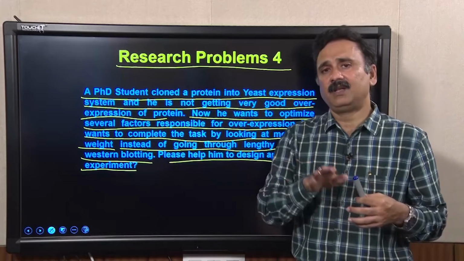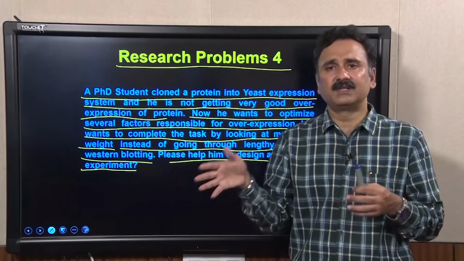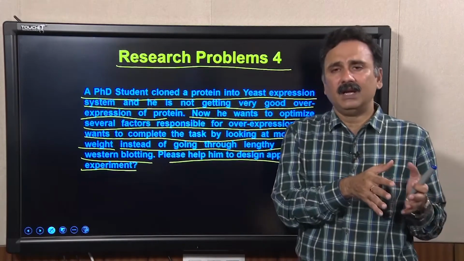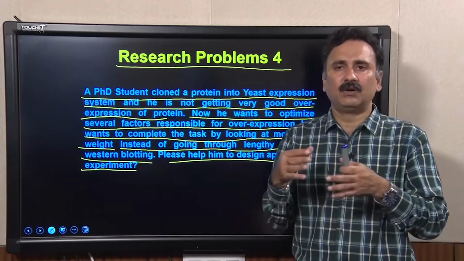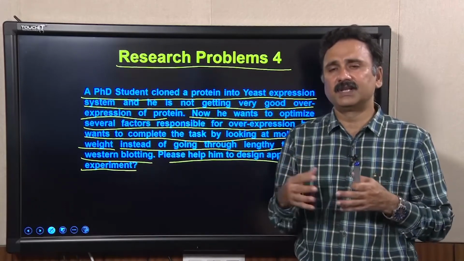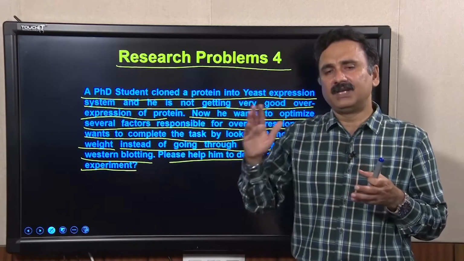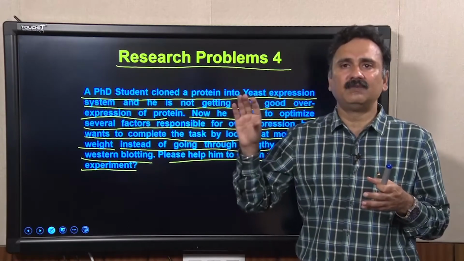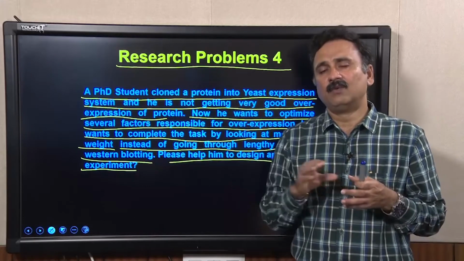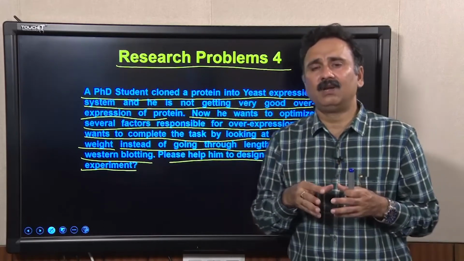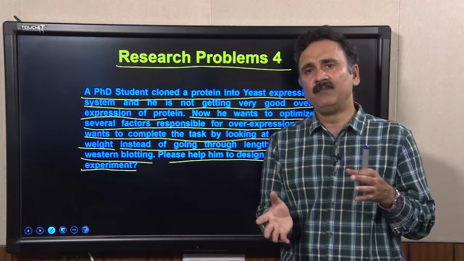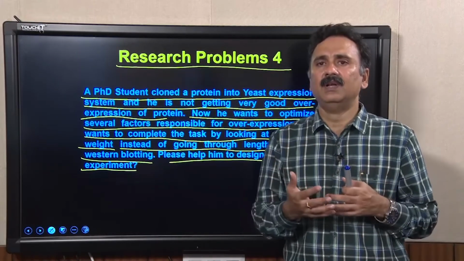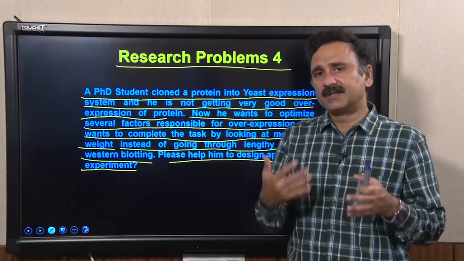And if he optimizes different factors, for example the induction time or the concentration of the inducers, whether that changes the appearance of that particular molecular weight or not. One appropriate technique for this is that he can stain the gel with the much more sensitive silver staining. So let us discuss that.